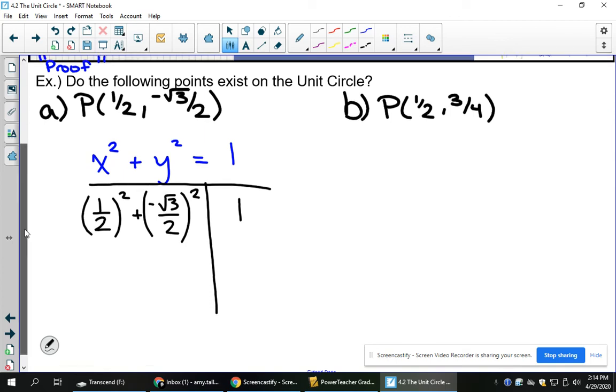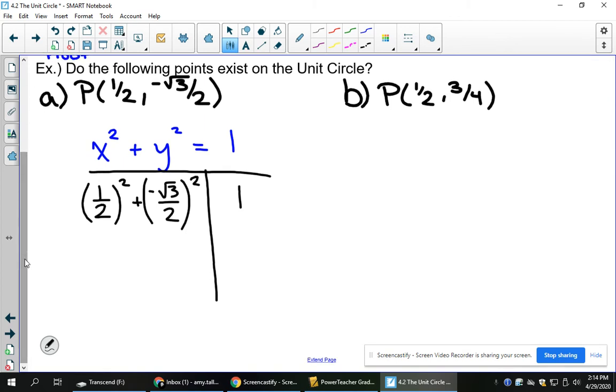Let's evaluate. So let's just keep going until we get down to a final number on the left-hand side. 1 squared and 2 squared. 1 over 4. These brackets that I drew were extremely important. If you didn't put the brackets, you might get a sign error, because when you take negative root 3 and you square it, a negative times a negative is a positive.